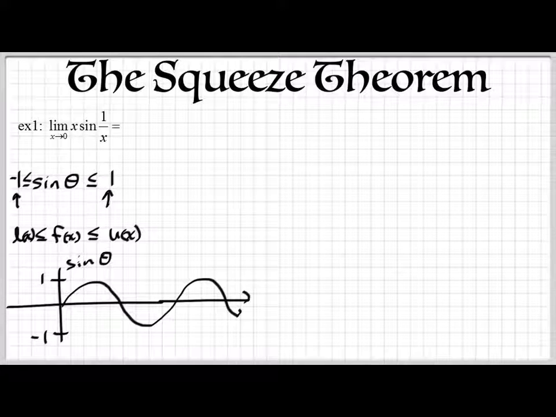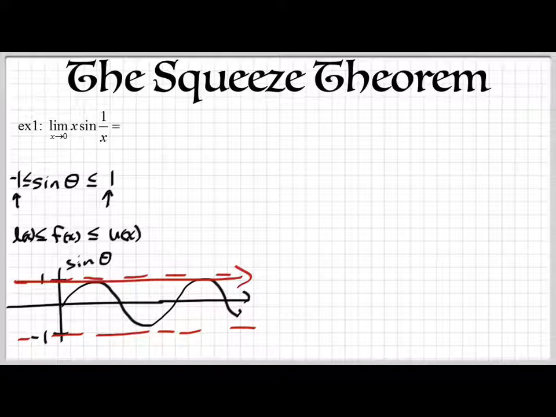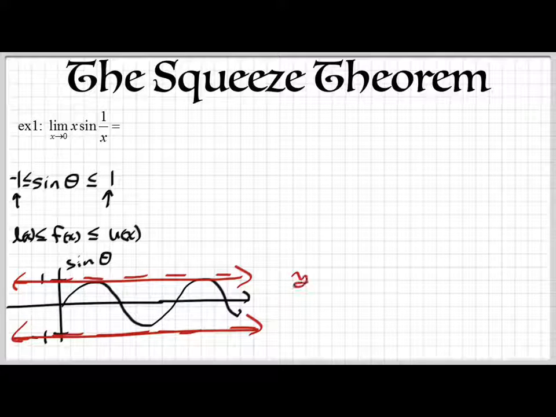The function sine is never above 1, and it's never below negative 1. So we have a lower function and an upper function. My upper function is positive 1, and my lower function is negative 1. So I have y equals 1 and y equals negative 1. The sine function is always in between 1 and negative 1, right?